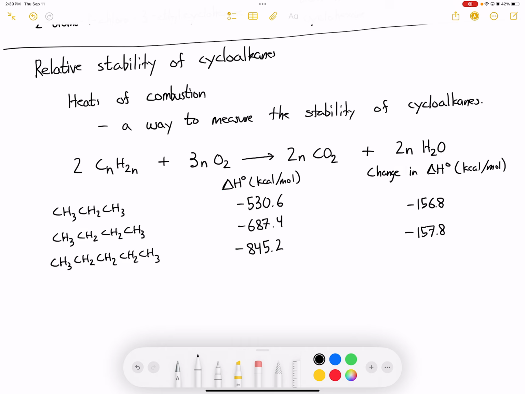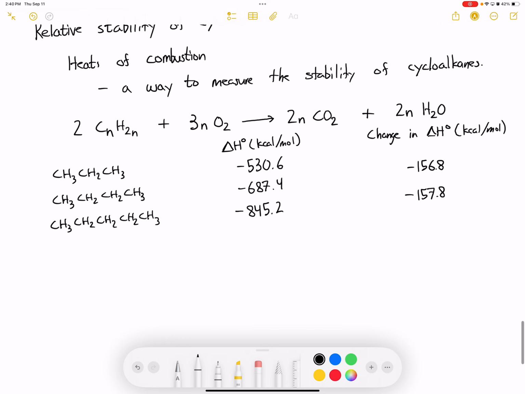If you take the difference between propane and butane, what's the only difference between them? What additional group is between them, in terms of their structure? CH2, good. So we can calculate how much energy is given off for each CH2 added. That's what these two values are for the change.